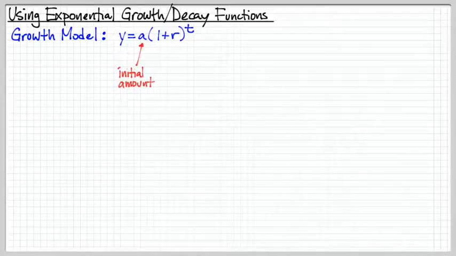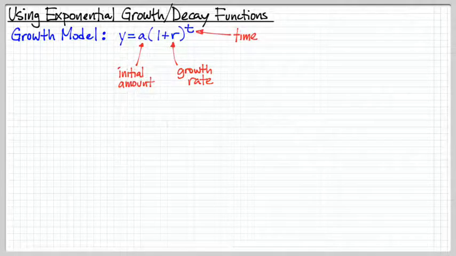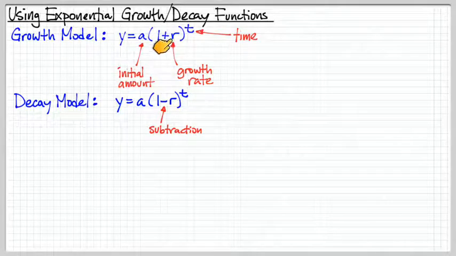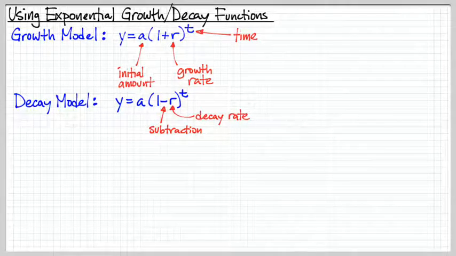In this case, we have a, which is the initial amount that we start with. We have r, which is the growth rate. And we have t, which is the time, how much time expires. A decay model is exactly the same case, but instead of adding, we have a subtraction. We have a decay rate instead.